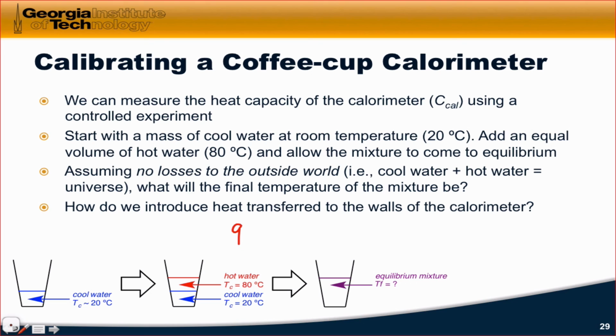So we can still write, for example, the system as Q hot and say that the heat transferred from the system must be equal to the negative of the heat transferred to the cold water plus the heat transferred to the calorimeter walls, all in parentheses, since these two will both be ultimately negative on the right-hand side of the equation. I'll leave it up to you to expand these and see how you could plug in actual temperature changes to calculate the C-cal. You'll actually do this in the calorimetry experiment.